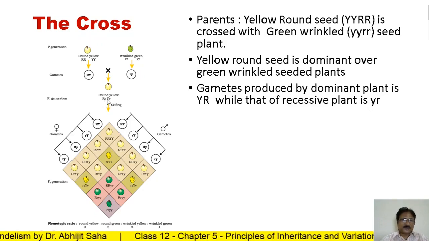Since there is at least one dominant gene or factor for each trait, the characters expressed will be round and yellow. But this round yellow is a hybrid, because you see capital R, small r, a heterozygous type, and capital Y, small y. These two alleles are heterozygous.